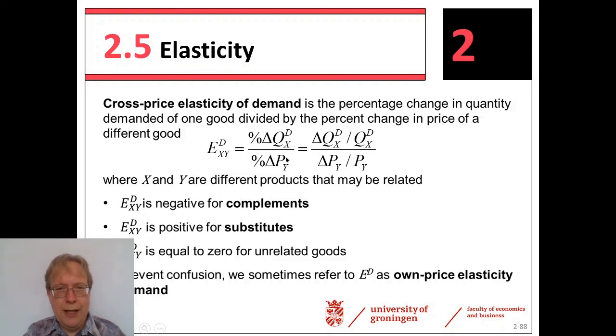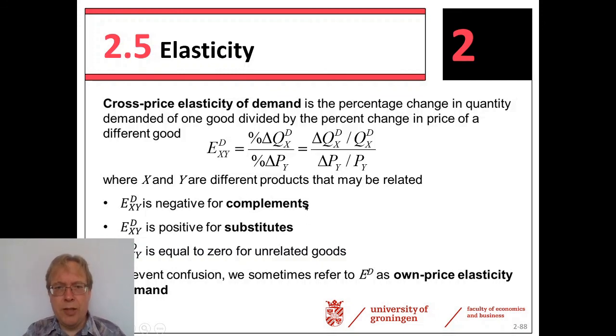Okay, let me do that again. If the price of cucumber increases, then demand for cucumber will go down. If demand for tomatoes also goes down, so this thing is negative, then apparently you want to eat tomatoes and cucumber together. They are complements.